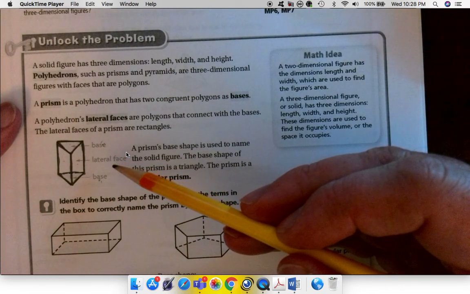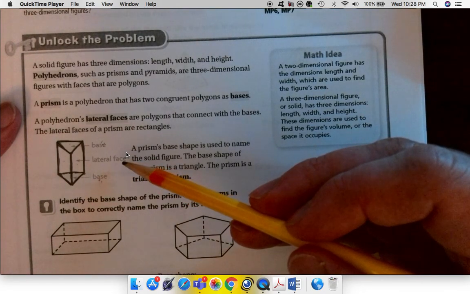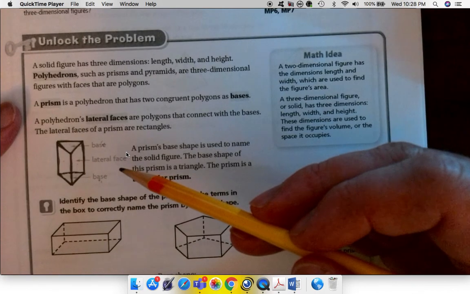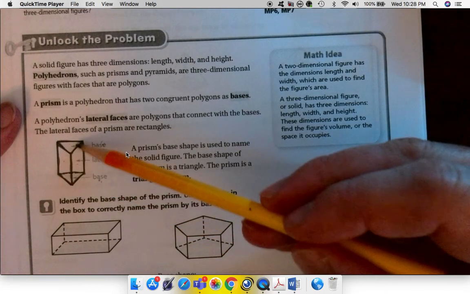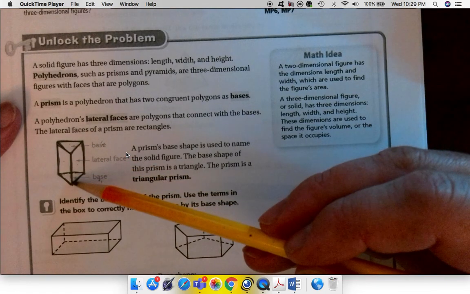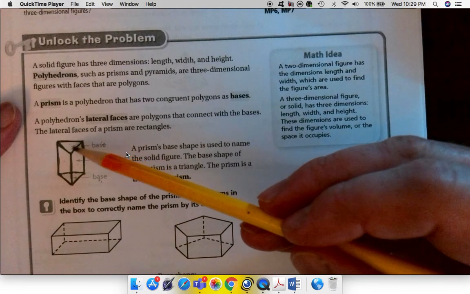In a prism, your lateral faces will usually be rectangles. I said usually. There is an exception. Your bases will be a different type of polygon. It doesn't mean it can't be a rectangle.